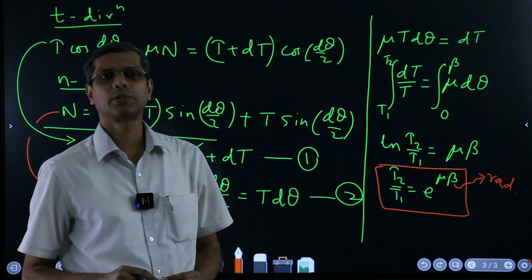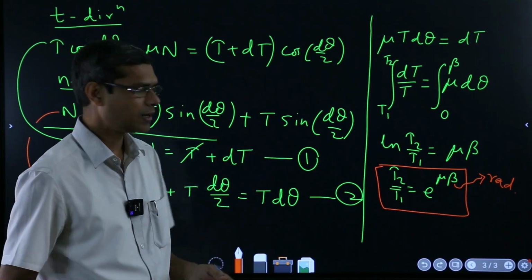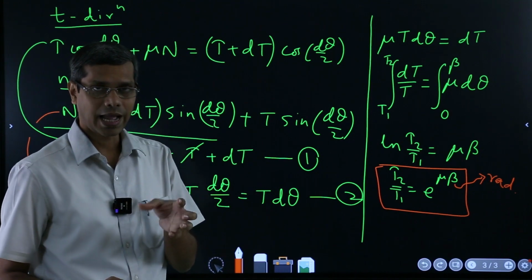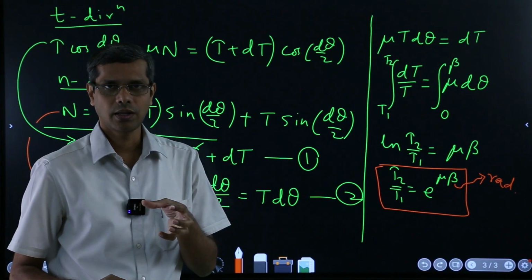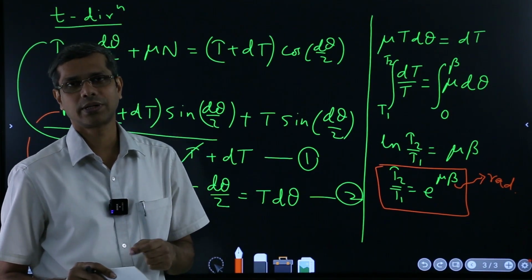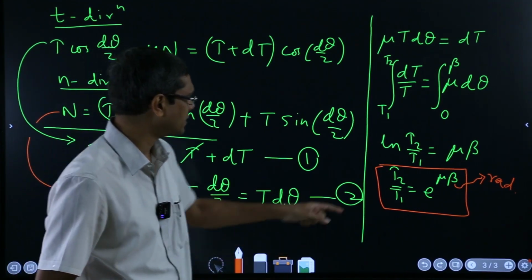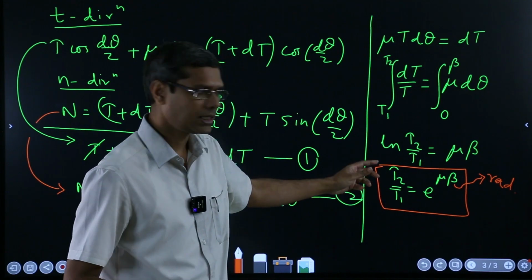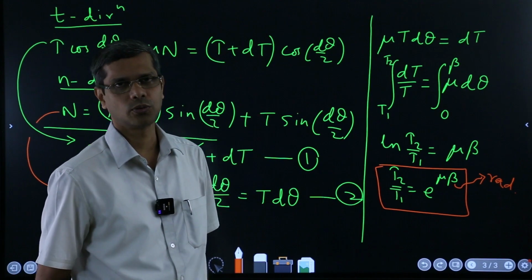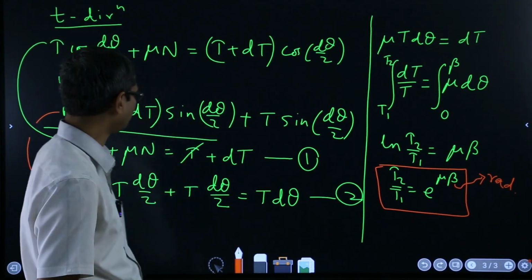And in fact, once we solve the problems on belt friction, you will realize that the decision in which direction you are actually trying to move the pulley will decide this ratio, whether it is T2 over T1 or T1 over T2. That has to be very carefully chosen.